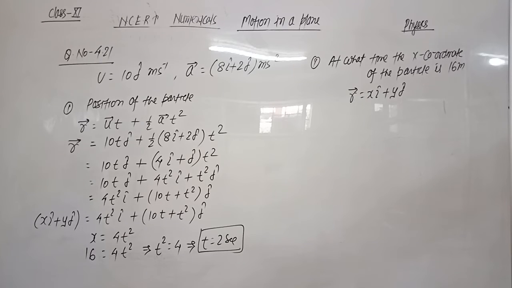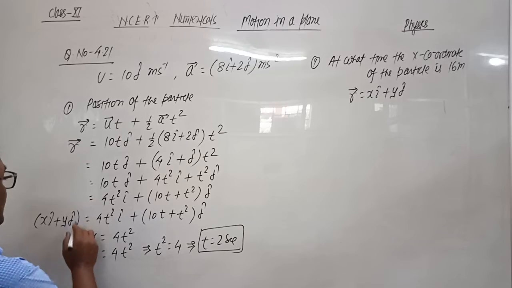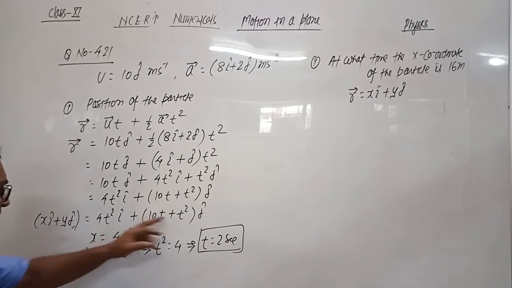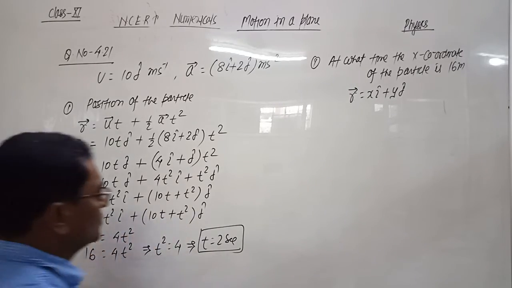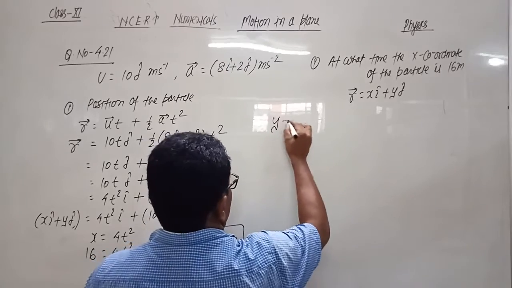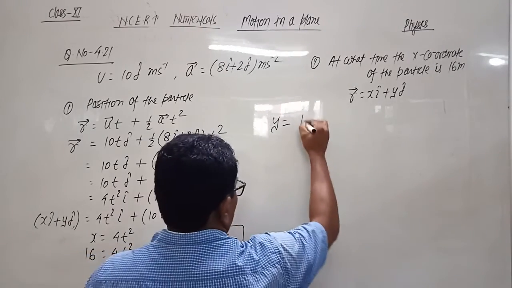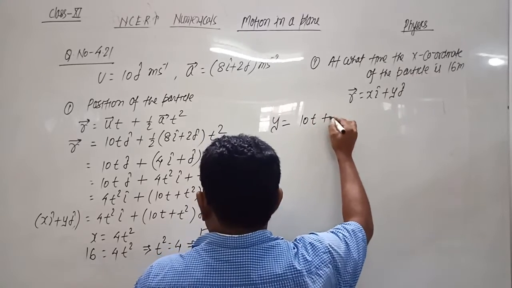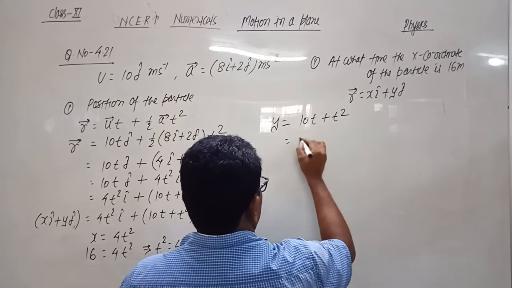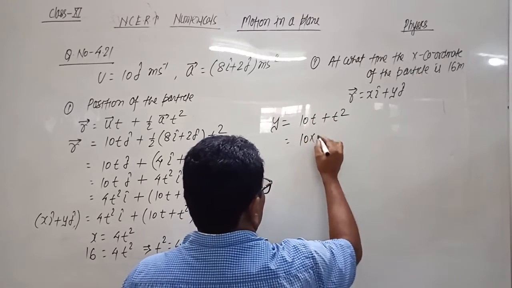Now the next part: what is the y coordinate of the particle at that time? For finding the y coordinate, we equate the coefficient of j cap. So y equals 10t plus t square. Here also put t equals 2 seconds.